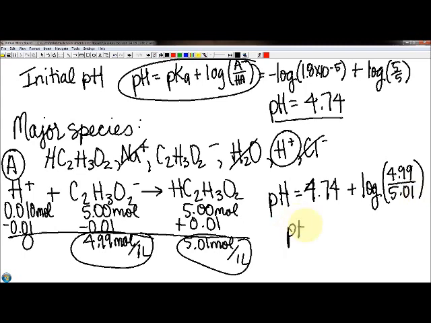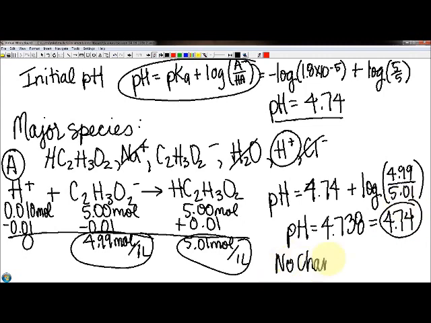When you solve it out, the new pH is 4.738, which with sig figs is still 4.74. So this had no change from the original, because we originally had 4.74. It's still basically 4.74, so there's really no change.